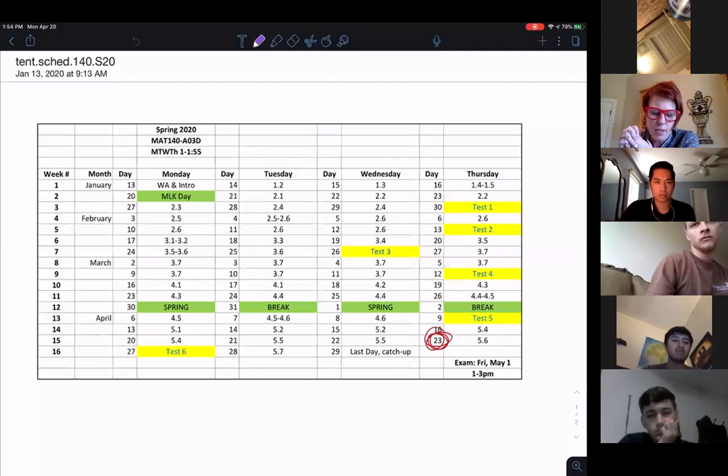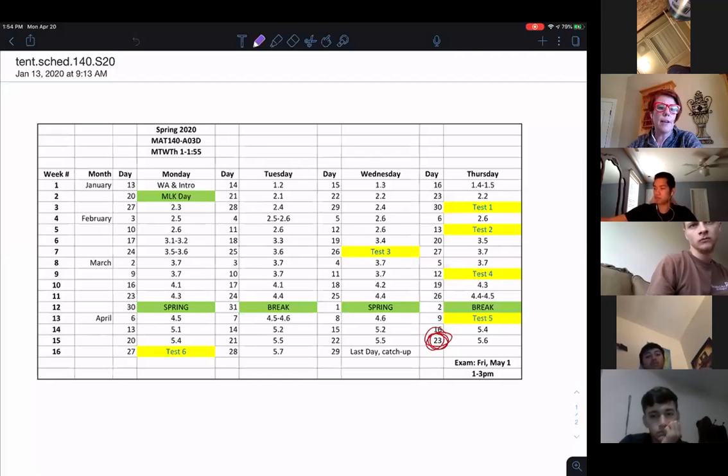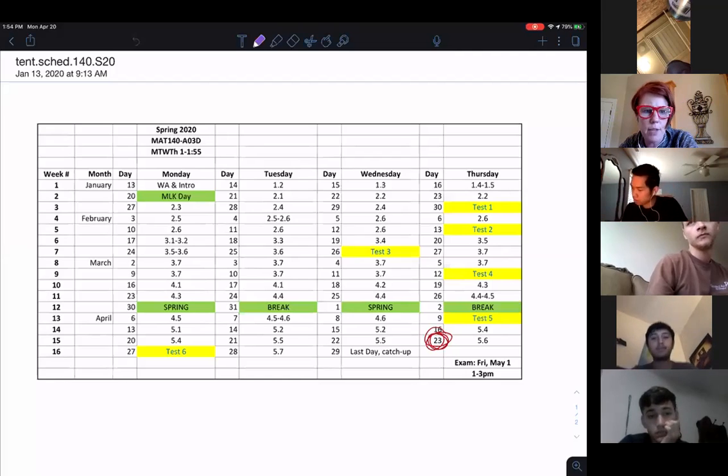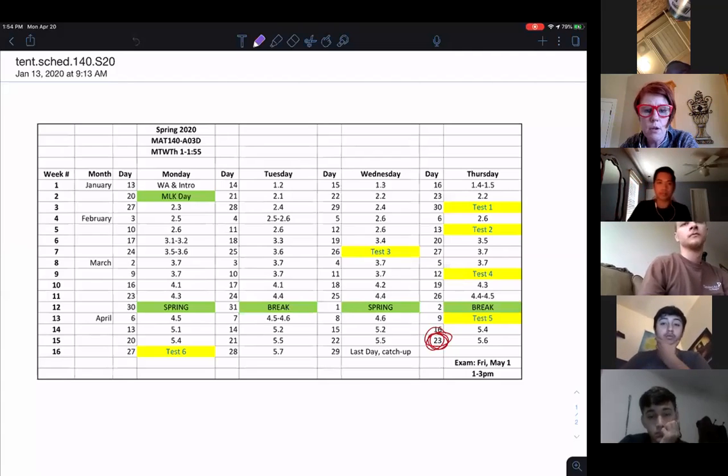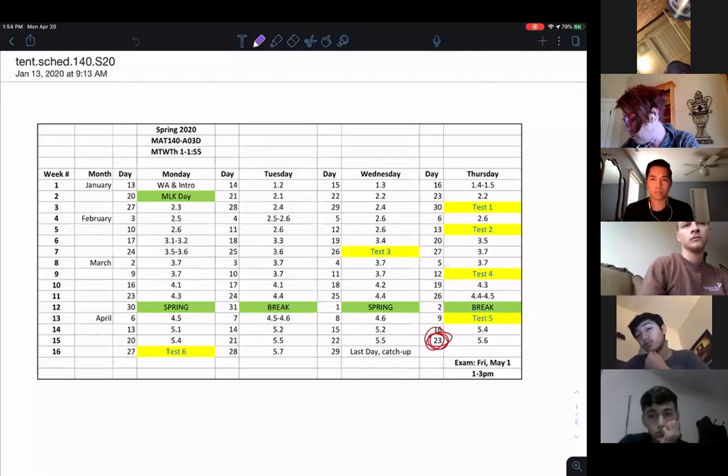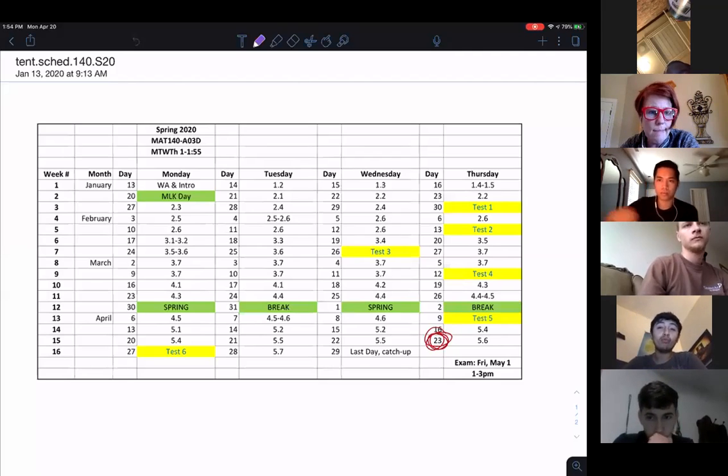I'm not worried about it. It's a pretty short section. So that means the only thing left to do on Tuesday and Wednesday is section 5.5. That's really all I'm concerned about. And that's actually Tuesday, Wednesday, and Thursday because your test is Monday. I am keeping it for Monday. Okay. You guys have any questions for me?